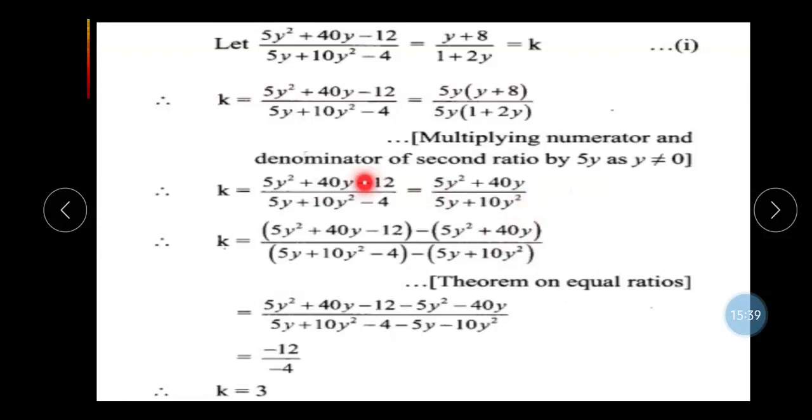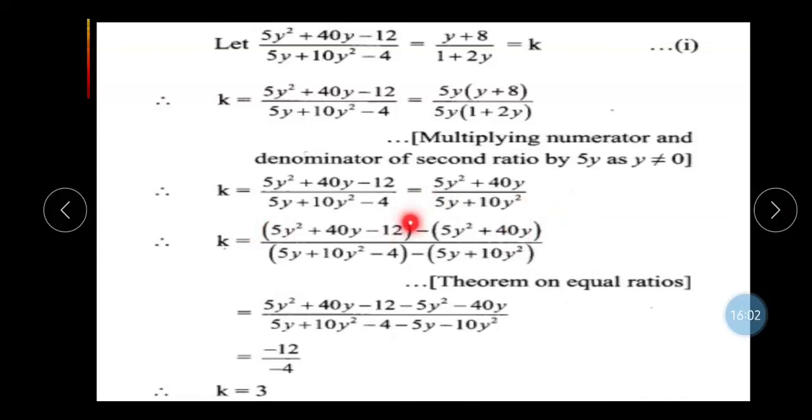Now in this we will be applying the theorem on equal ratios. We get (5y square plus 40y minus 12 minus (5y square plus 40y)) upon (5y plus 10y square minus 4 minus (5y plus 10y square)). Opening up the brackets, there will be changes in the second part.